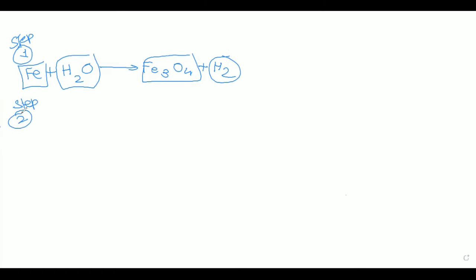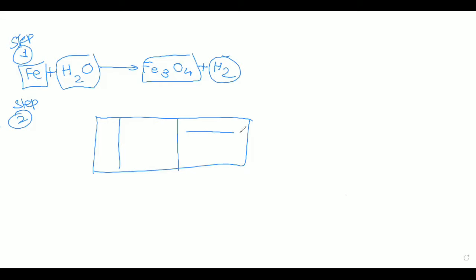Step 2, you need to make a table first of all. So let me first make a table here, and you need to write all the elements, all the constituents which are given in the chemical equation. Now, in this reaction we have three elements, that is Fe, hydrogen H and O. Okay, so then this column and this column, this is the LHS part, that is the whole of this side.